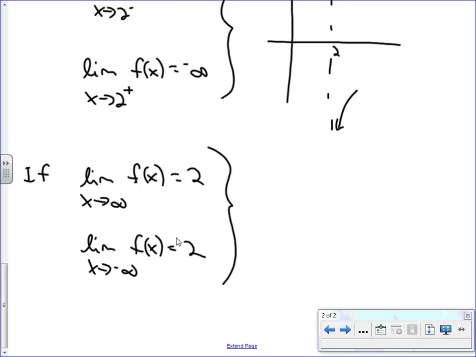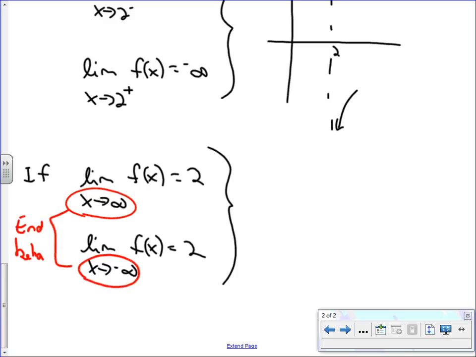Okay? This is not approaching a specific value. When I say x approaches infinity, I'm telling you as the x increases forever and ever and ever. That means what's happening at the end. It's called end behavior. Y'all remember those words from last year? So this part right here is telling you end behavior.